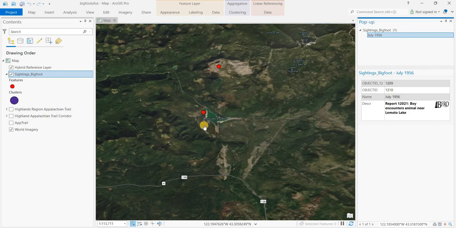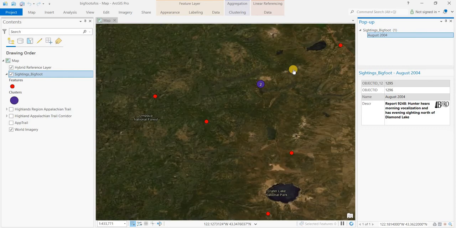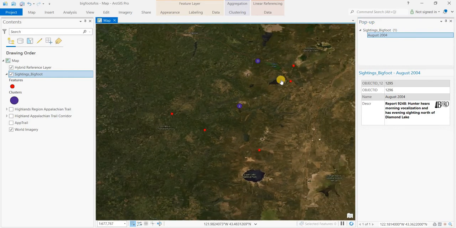July 1956. Wow, this is going back a bit. Boy encounters animal near Lemolo Lake. August 2004. Hunters hear morning vocalization and have evening sighting north of Diamond Lake. Wow. So vocalization followed by an encounter.